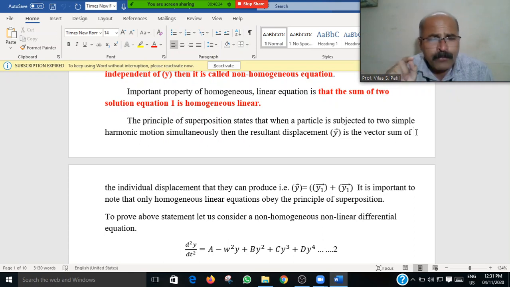It is important: what is the statement of the superposition theorem?